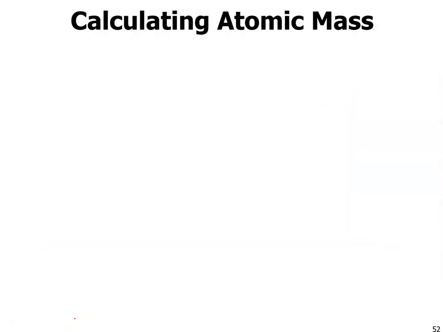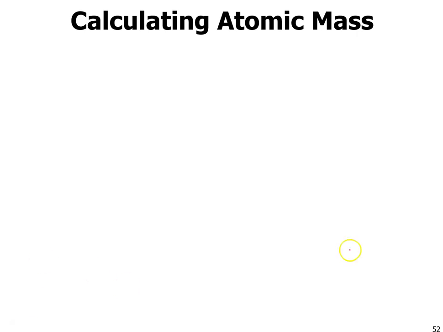Now that you have a better feeling for what makes up an atom, the protons and the neutrons and the electrons and how they're related to each other, I want you to think about how, when we look at the periodic table, remember we have different masses on there, and how are those generated?